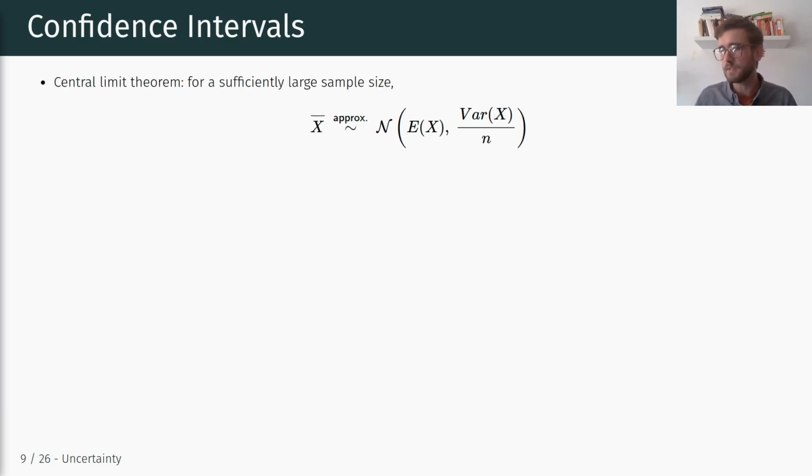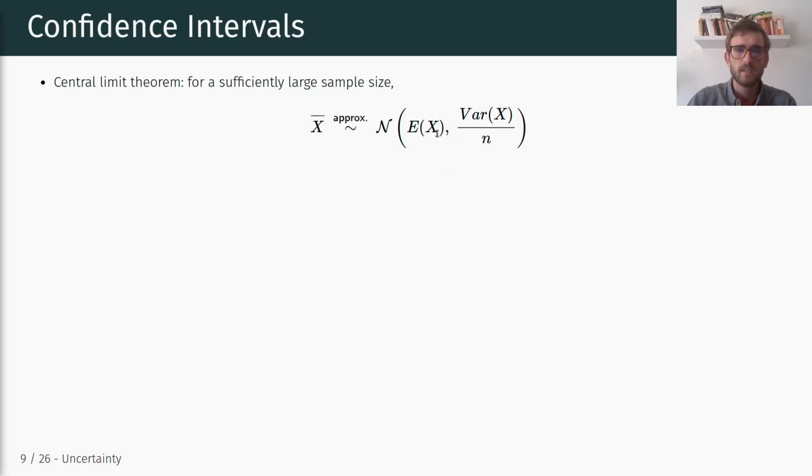So from the central limit theorem, we know that for a sufficiently large sample size, x bar, our estimator that we talked about previously, is distributed normally with an average of the expectation of x, since we talked about unbiasedness in the previous video, and a variance equal to the variance of x divided by n, which is the variance of the sampling distribution.